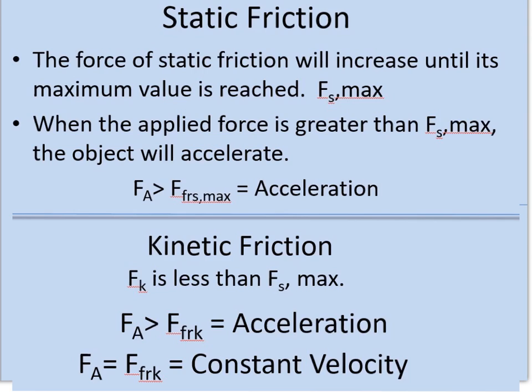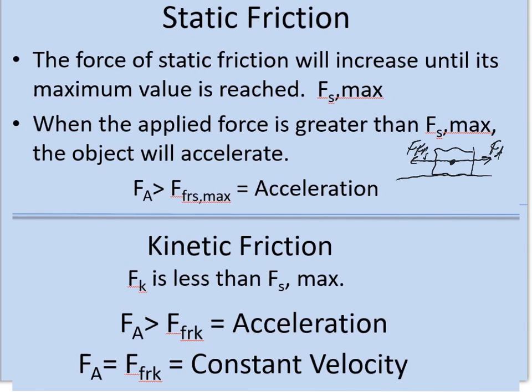We know that there's static friction, and we know that there is kinetic friction. Static friction, we know if we push an object, if we have an object on the ground that has a certain weight, and we push it with an applied force, let's say to the right, the friction force, in this case static because it's not moving, would increase.